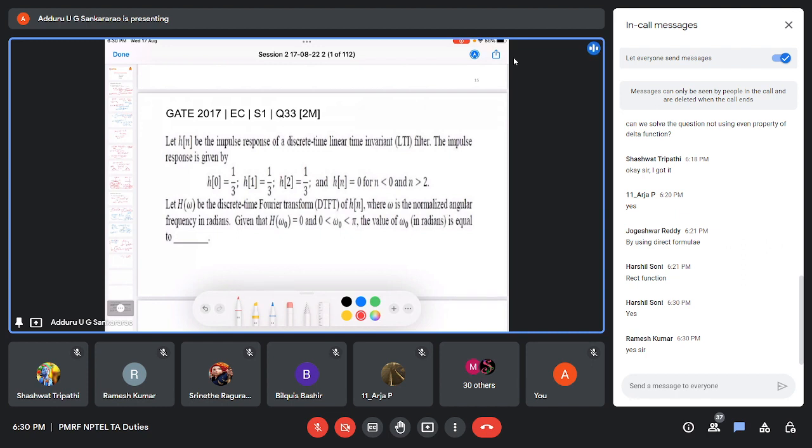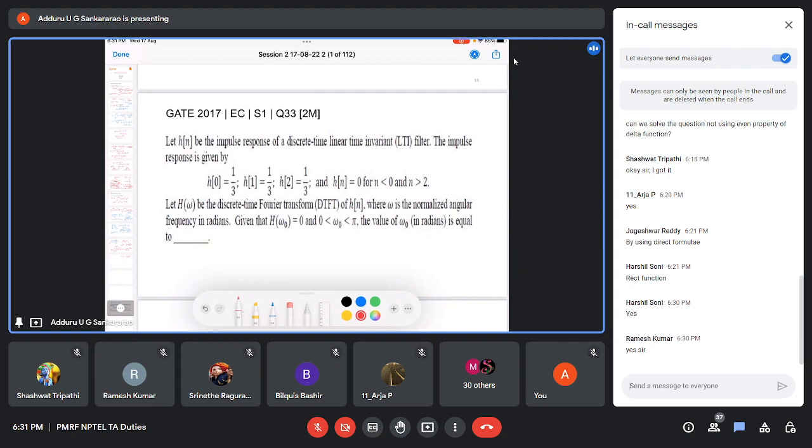The impulse response is given by h of 0, h of 1 and h of 2, and in the rest of the places it is 0. If H of omega is the discrete time Fourier transform of h of n, where omega is the angular frequency, and given that H of omega naught is 0, what is the value of omega naught?